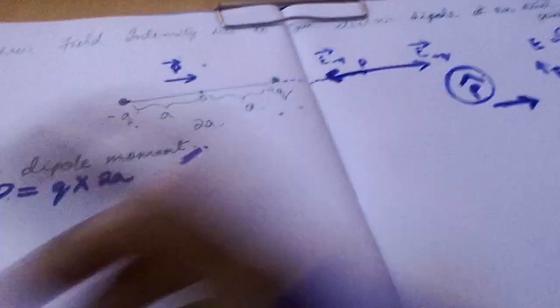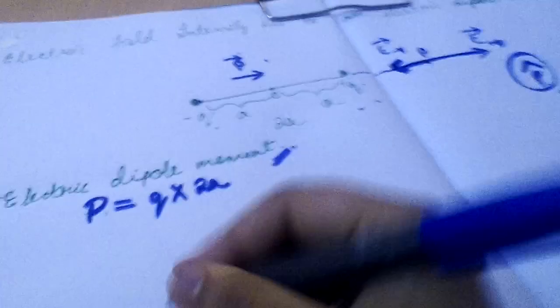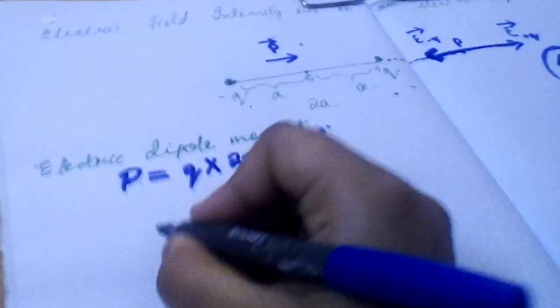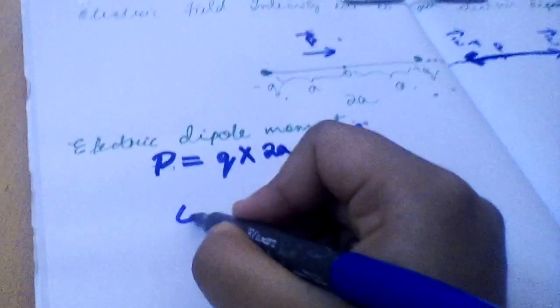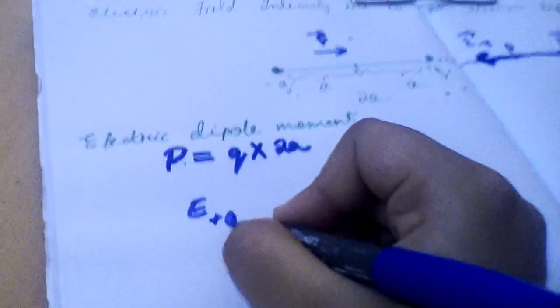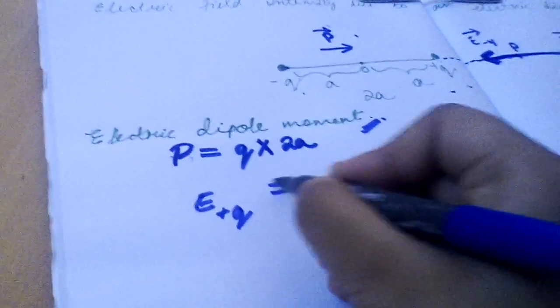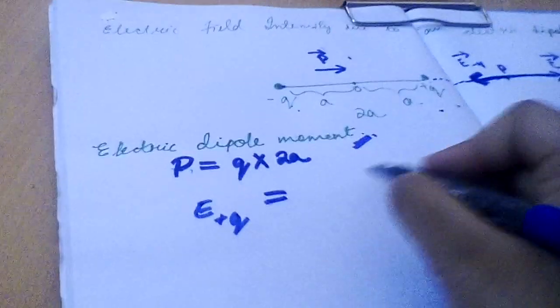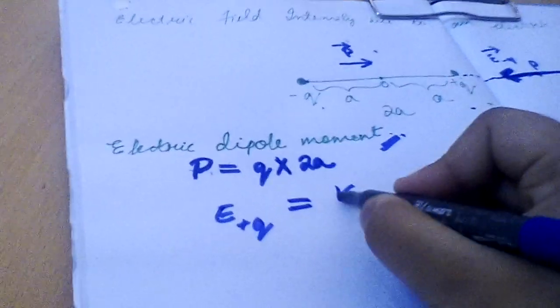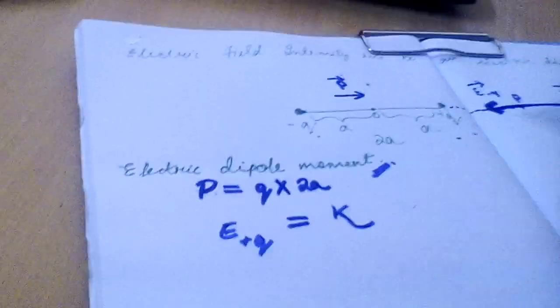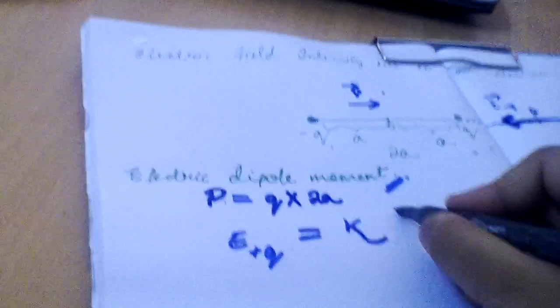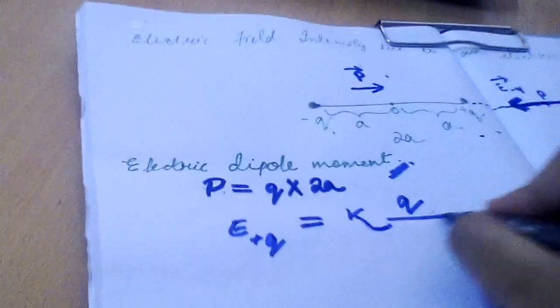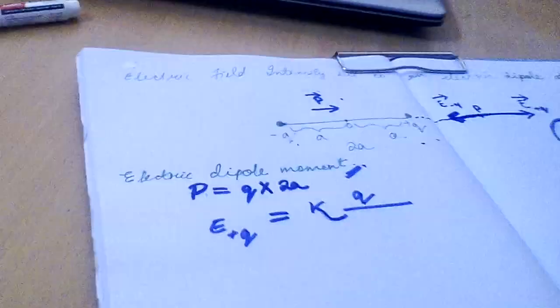Okay, now let's go for the derivation. So electric field intensity at point P due to plus q charge, only the magnitude, equals K times source charge plus q, only the magnitude, again q. Now the distance between them.